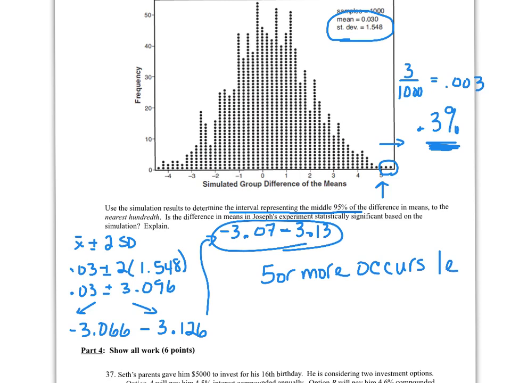But we usually use, remember, our go-to statement is that it occurs less than 5% of the time. And so remember, when something occurs less than 5% of the time, that's very rare. So we would say then, therefore, remember that means therefore, statistically significant.